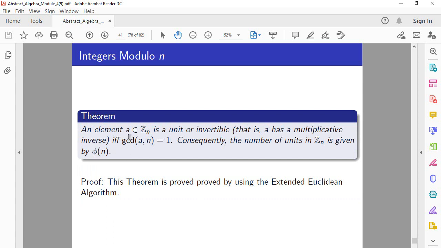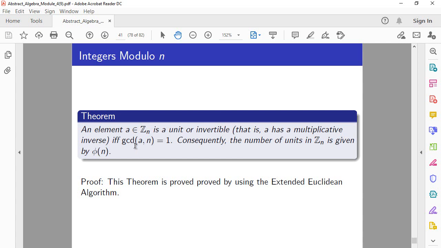An element A in Zn is a unit, or invertible, which means that it has a multiplicative inverse, if and only if the GCD of A and n is 1. We know this from the time when we talked about finding the multiplicative inverse of an integer.